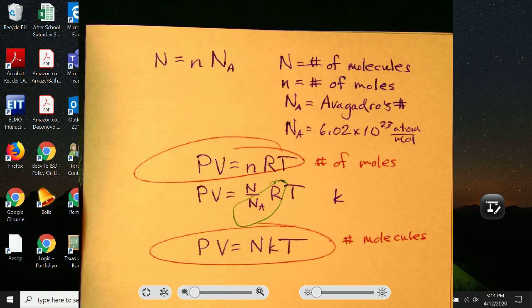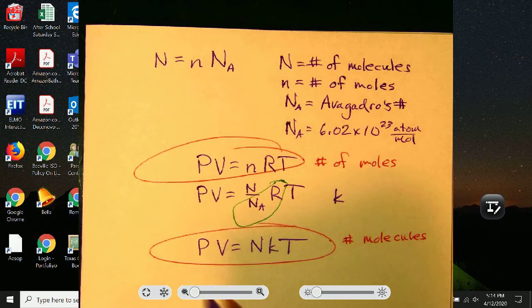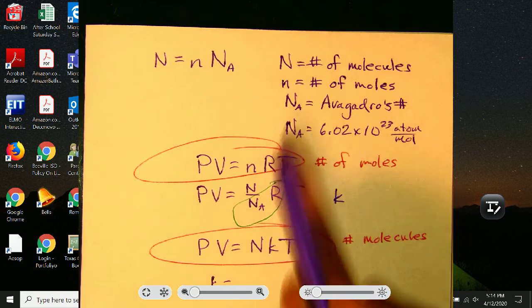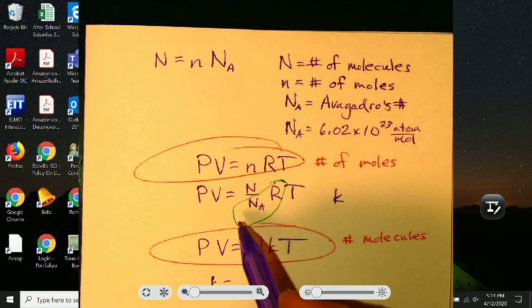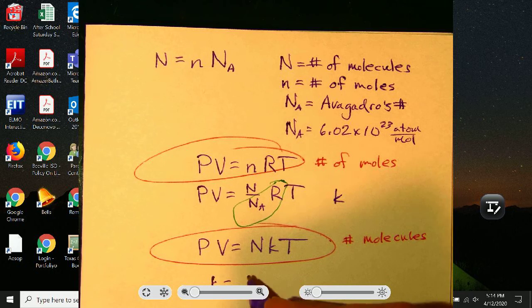Our value of K is just going to be our value of R divided by Avogadro's number.